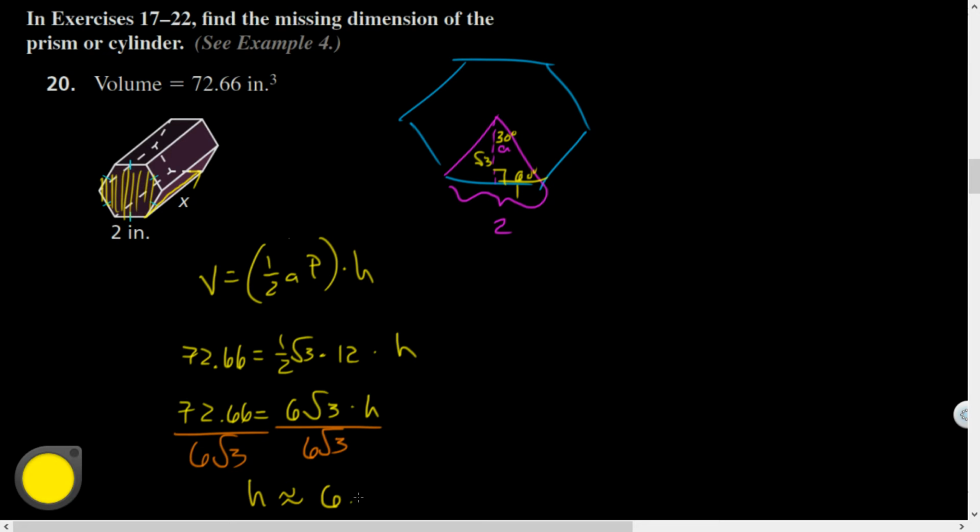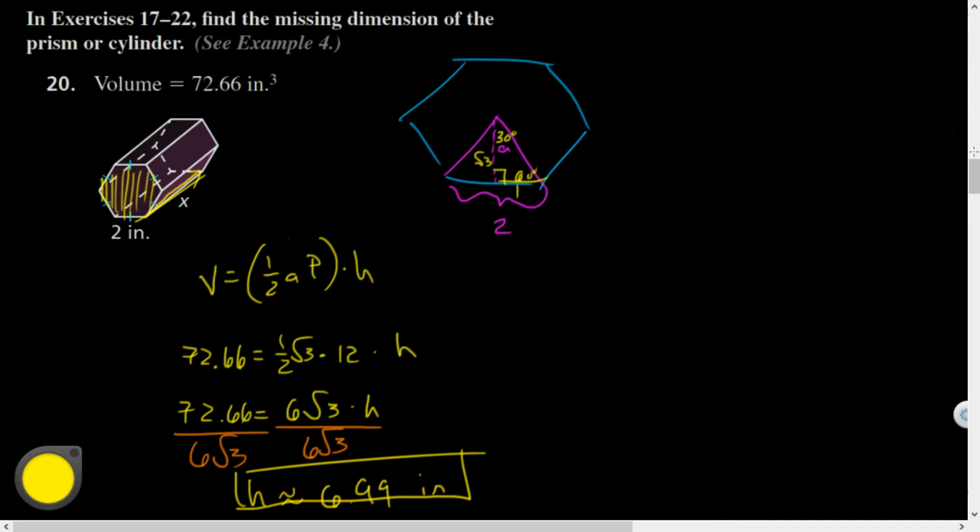I got 6.99 inches right there. Okay, so with these volume formulas, you don't only get to use them to calculate the volume when you know all of the linear dimensions. You can also know the volume and find a corresponding linear dimension.